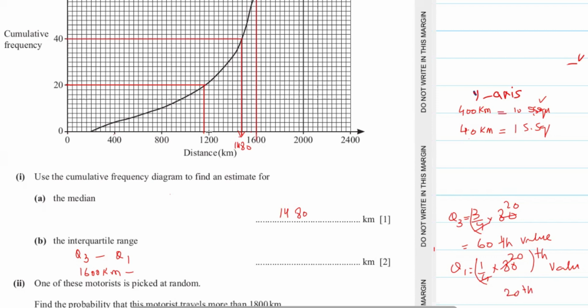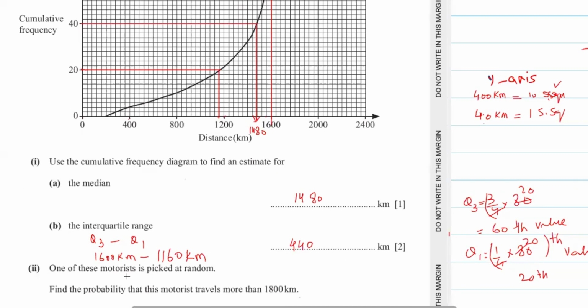One small scale is 40 kilometers, therefore 1200 minus 40 will be equal to 1160. We write 1160 kilometers and take the difference. This difference will be equal to 440 kilometers. This is the interquartile range.